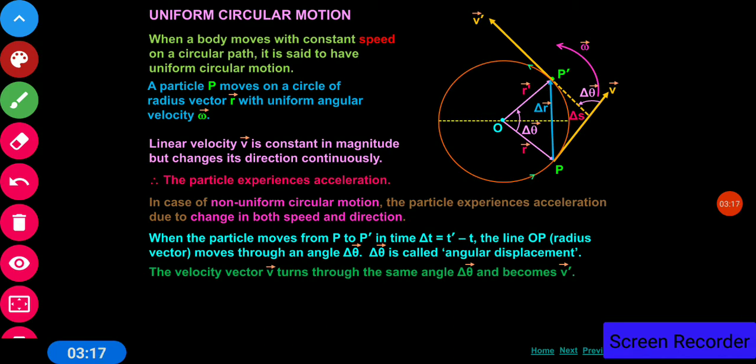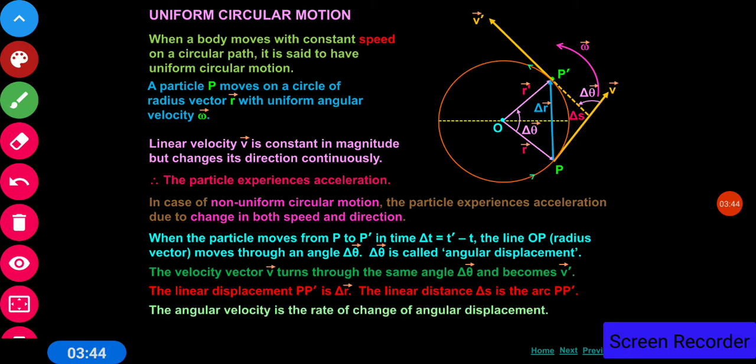So let us understand again. When the position vector changes from r to r dash, it moves through an angle del theta. Then velocity also changes through an angle del theta. The linear displacement PP dash is del r and the linear distance del s is the arc PP dash. The angular velocity is the rate of change of angular displacement.